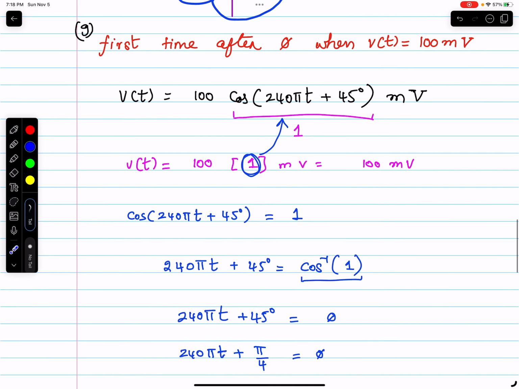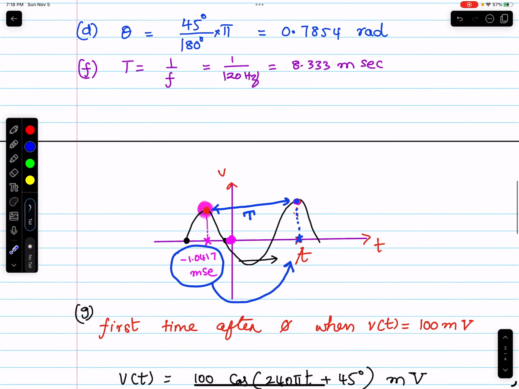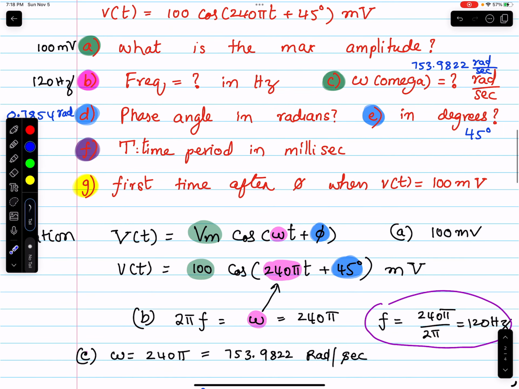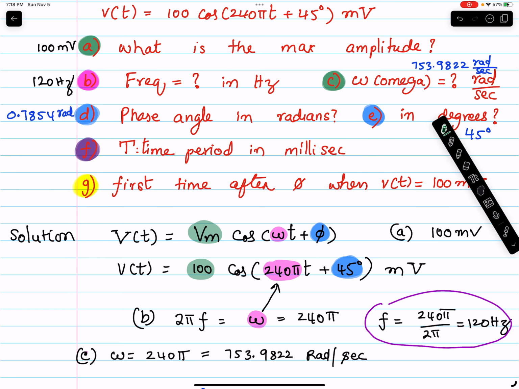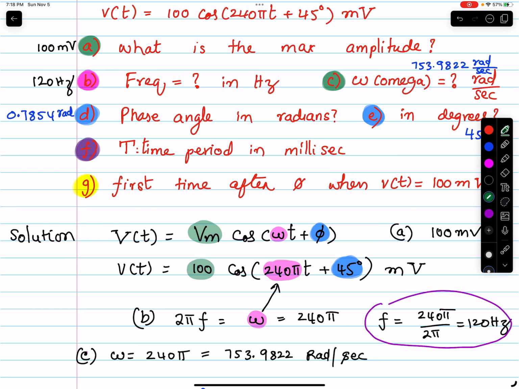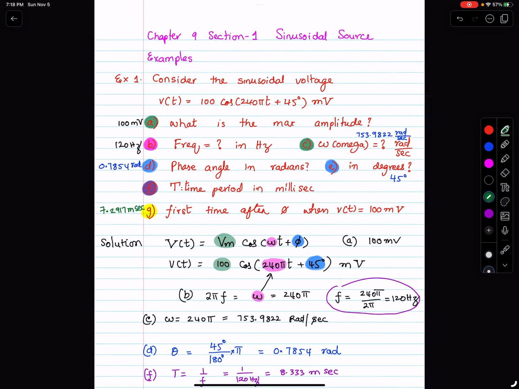You will see that it equals 100 millivolts. So we did solve all the problems here, including this one, G, whose value is 7.2917 milliseconds. Pretty straightforward basics.